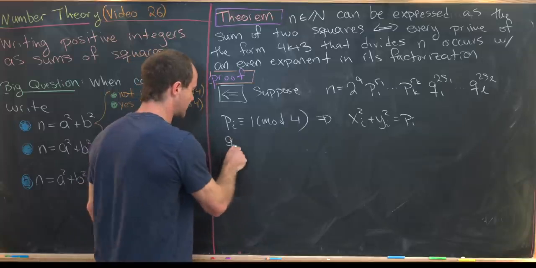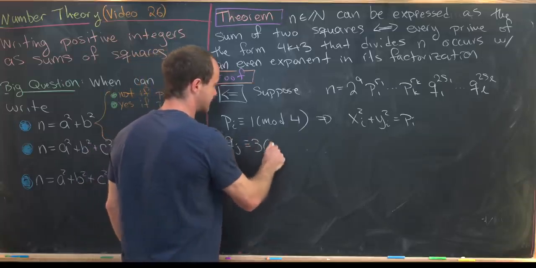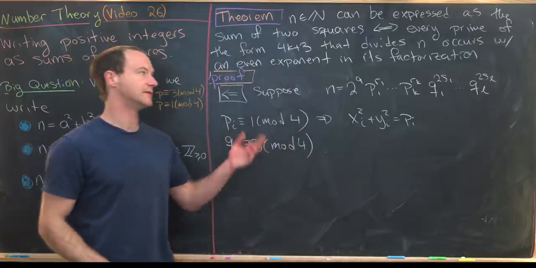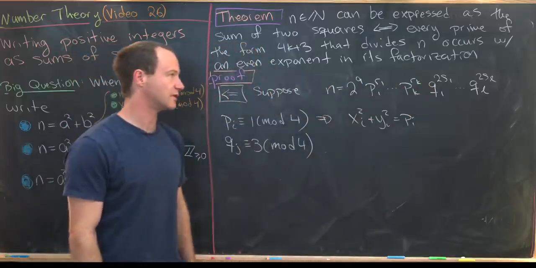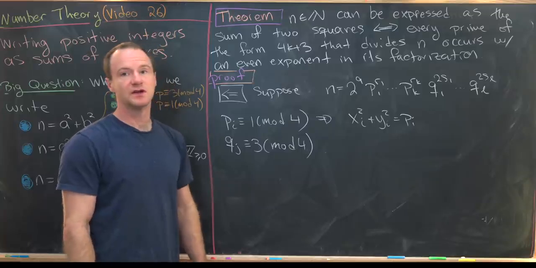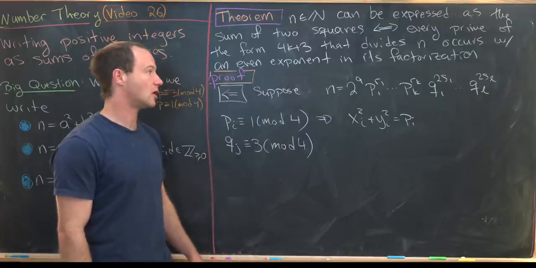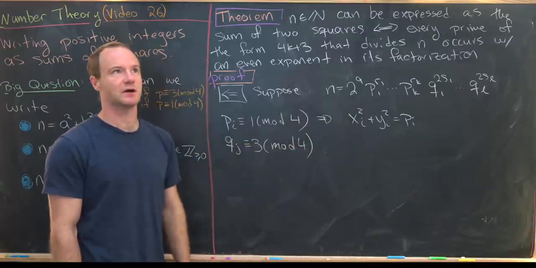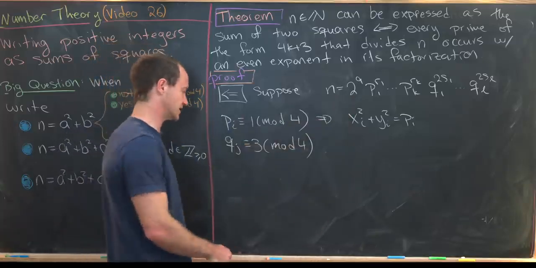And then all of the qj are congruent to 3 mod 4. But notice those are all occurring with an even exponent, so that means they are all already perfect squares. And furthermore, 2 can be written as a sum of two squares as 1 squared plus 1 squared.